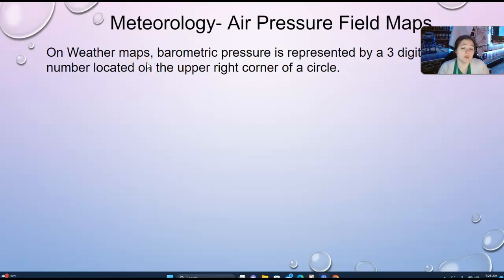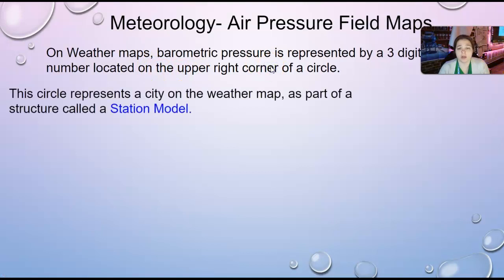But when we look at weather stations, pretty much all of them only have a 3-digit number located in the upper right-hand corner of the circle. What I'm talking about is at the bottom of page 13, we have these station models. So on a regular weather map that shows station models, not the isobars that we just saw, we're going to see something like this.